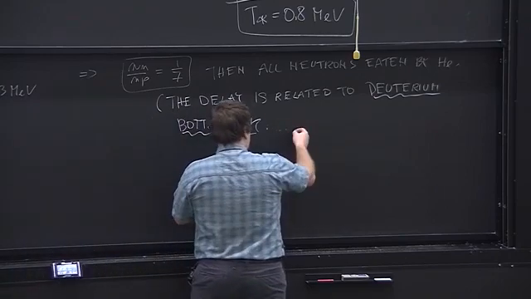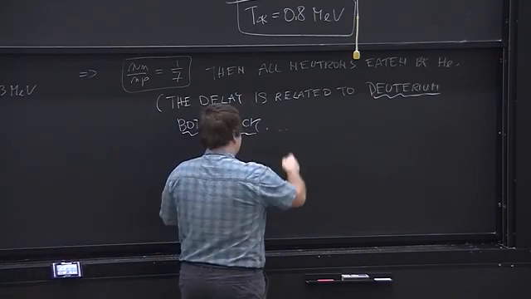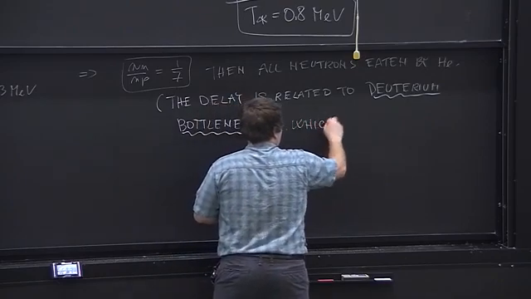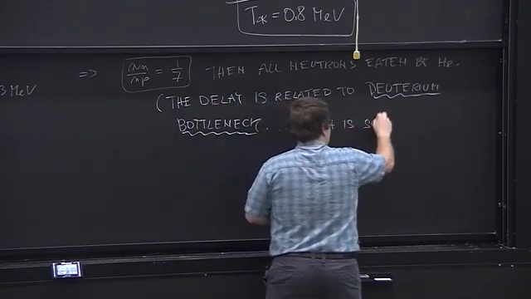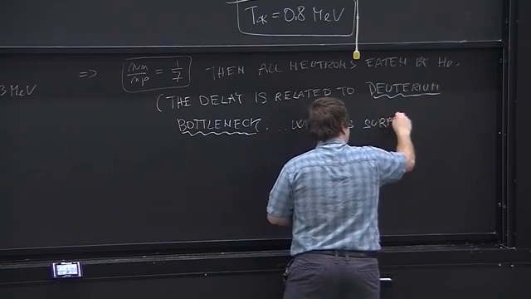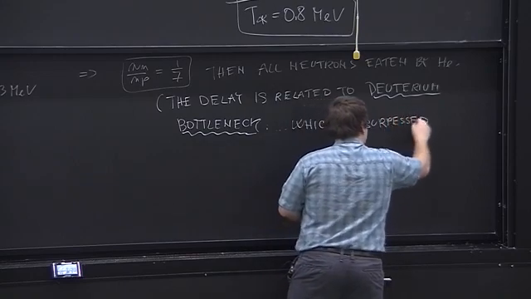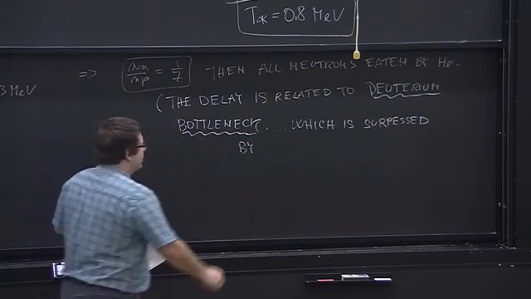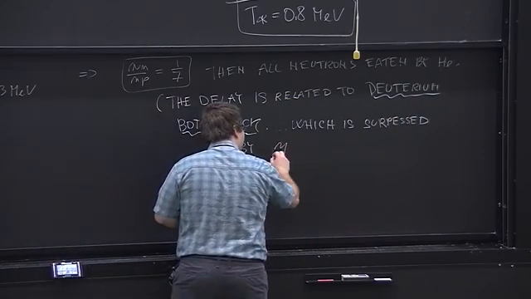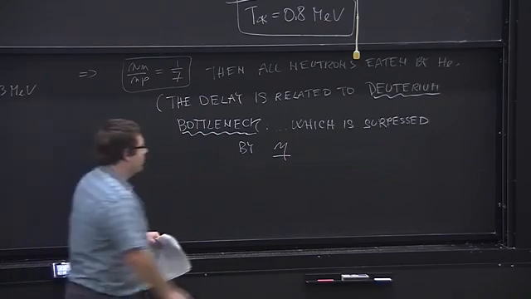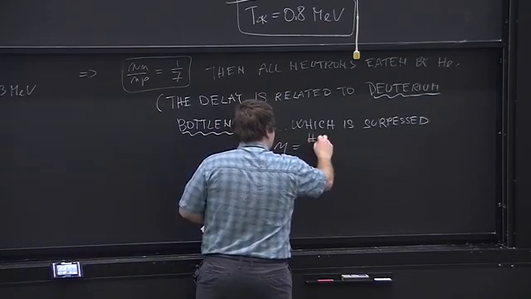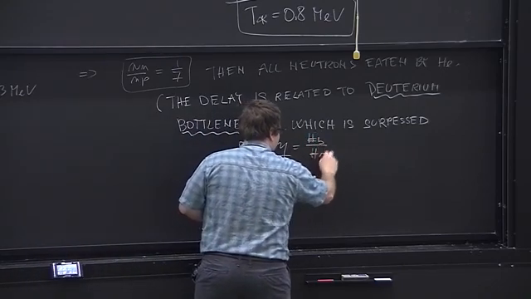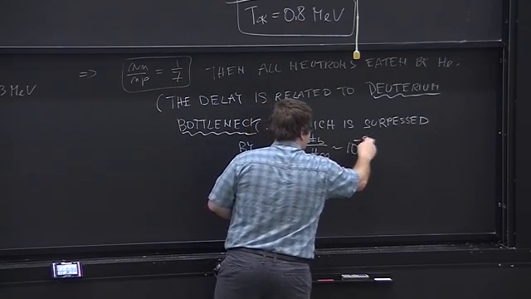And then this is suppressed, and I'm not going to show that, but it is suppressed by this eta factor, which is the number of baryons divided by number of photons, which is something like 10 to the minus 9.